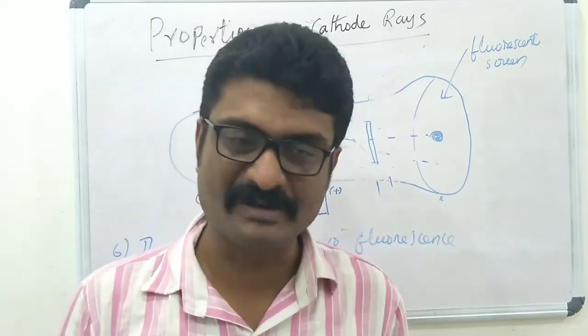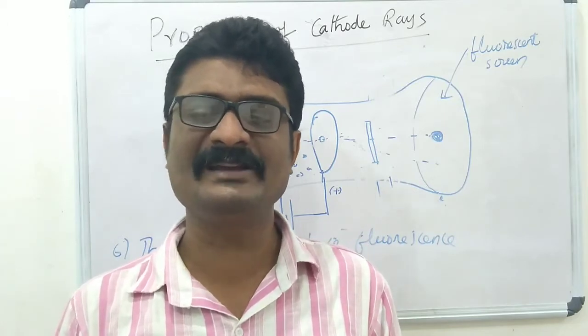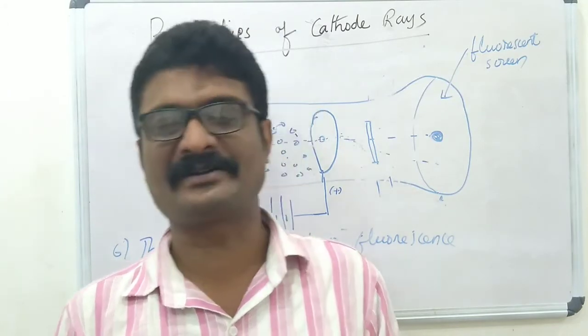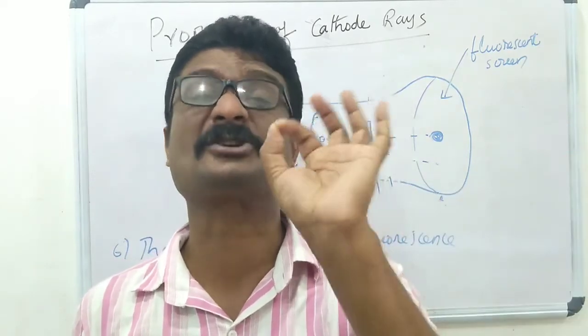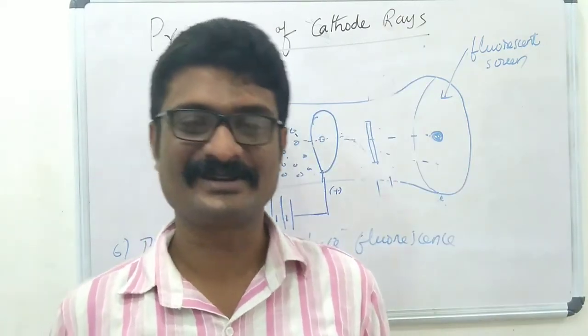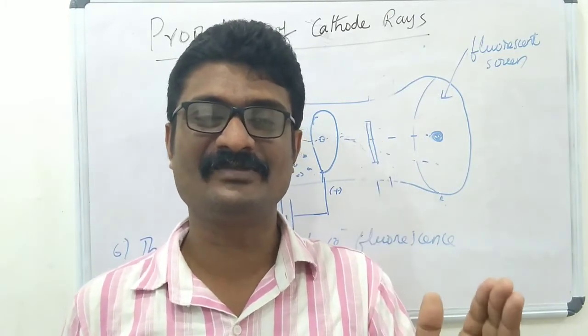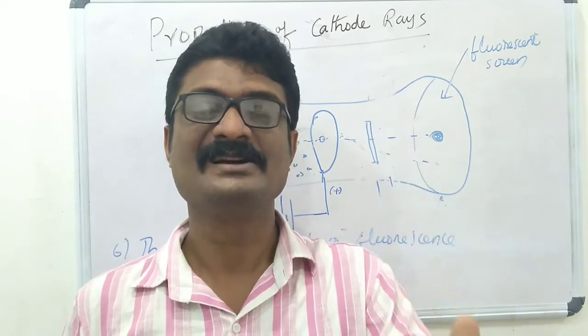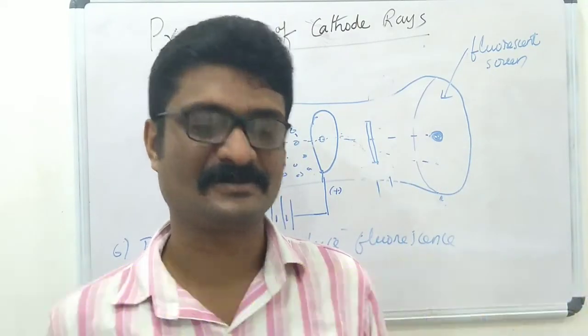These particles are called electrons. Cathode rays consist of electrons. Cathode rays are the flow of electrons.